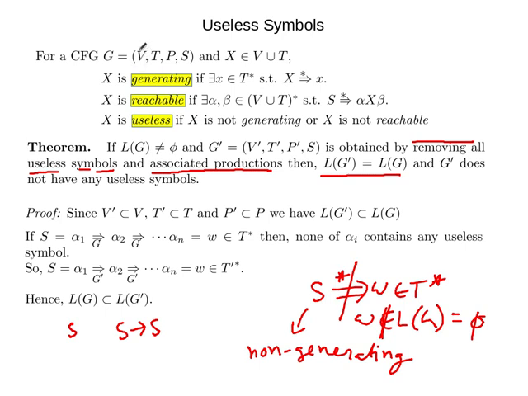That becomes empty. So you do not have anything here to put, so it doesn't satisfy the definition of CFG. So that is why you cannot have this thing. So S is generating.